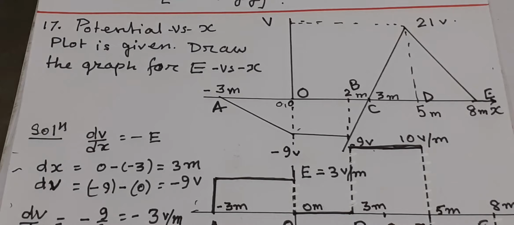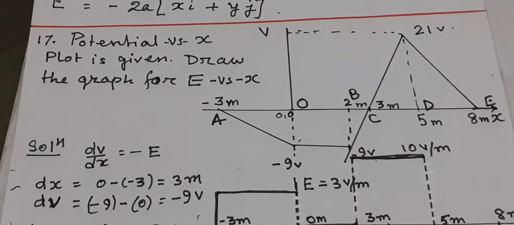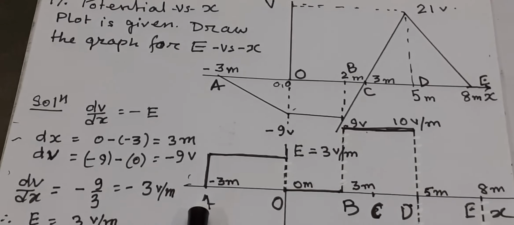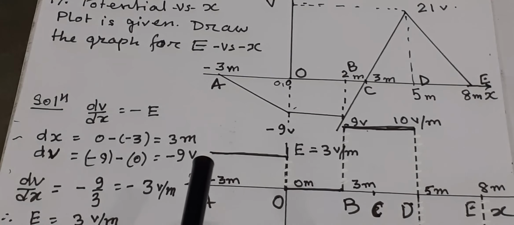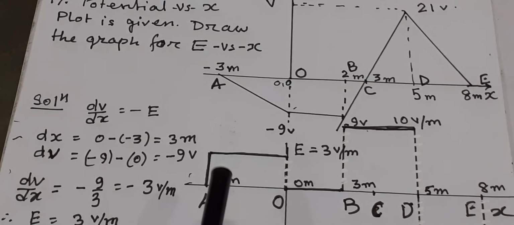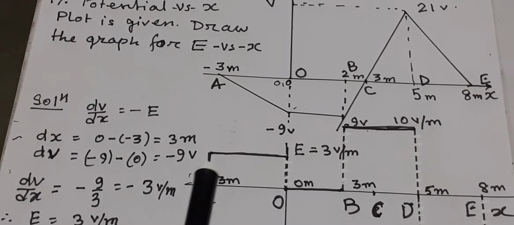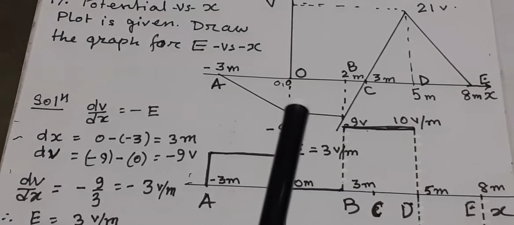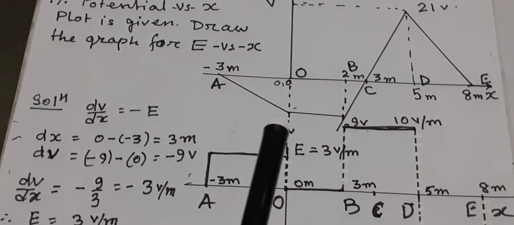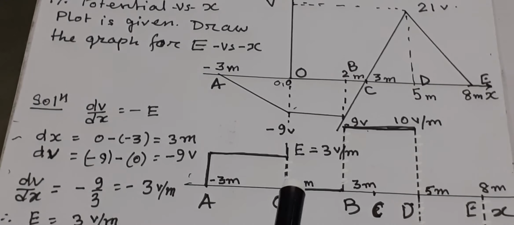So at position A, the corresponding point here will give an electric field E value. This line has to be a dotted one, like this, and there is a mistake. Up to this it will maintain the same electric field. Then from here to here no gradient is available, so it will be 0 here.